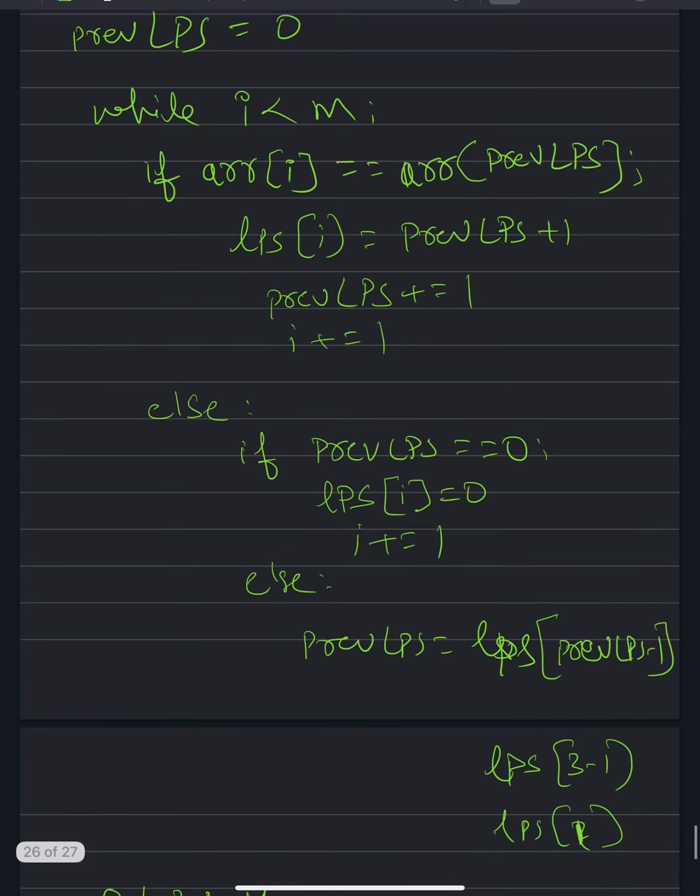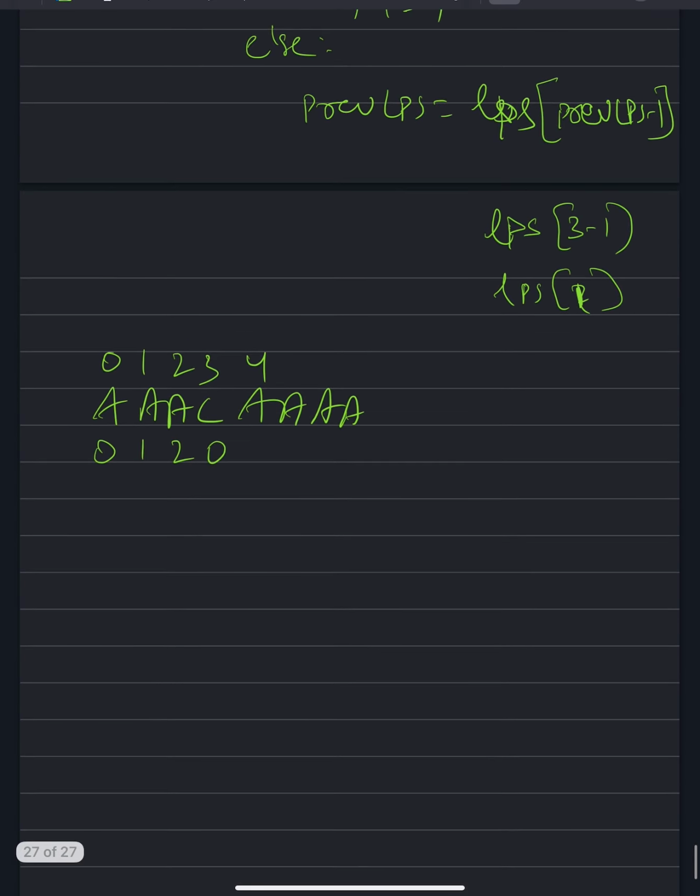I equal to 4 and previous LPS is equal to 0, meaning previous LPS is pointing here and i is pointing here. So it is a match. A is a match, so it will be 1, and previous LPS also increases to 1, and i equal to 5. Again it is matching, so it will keep increasing.